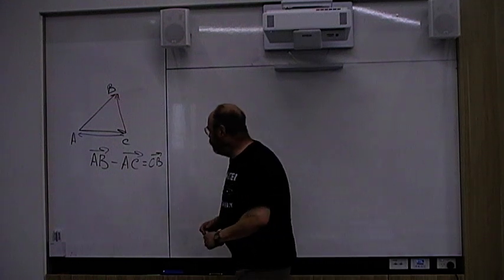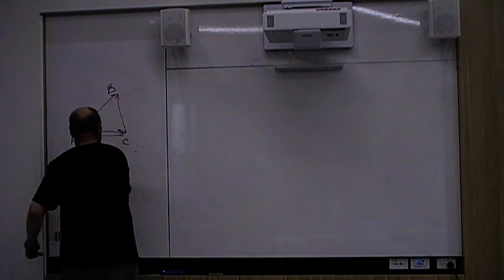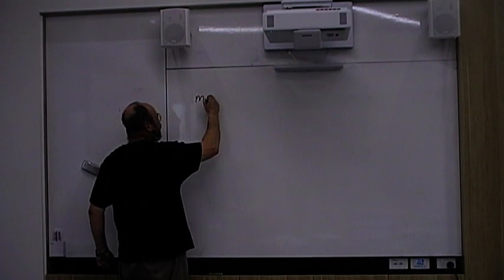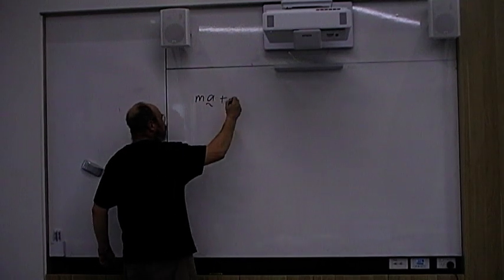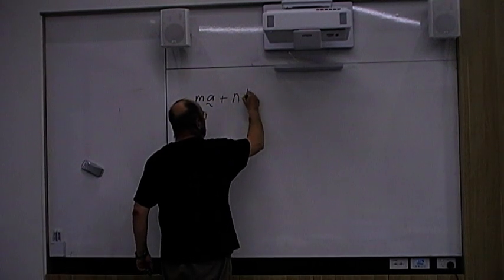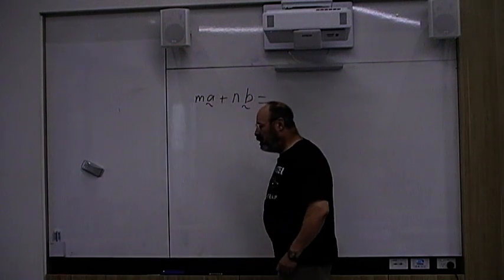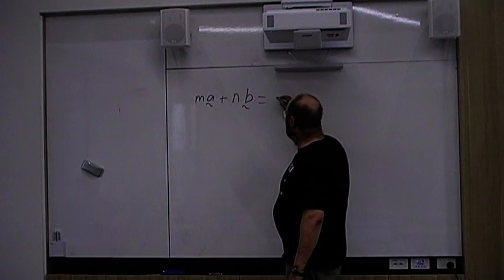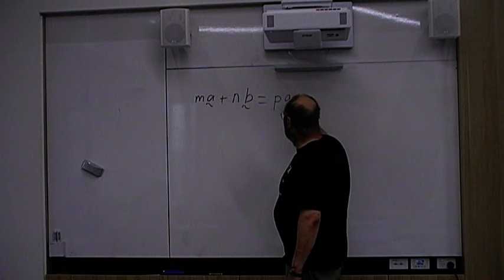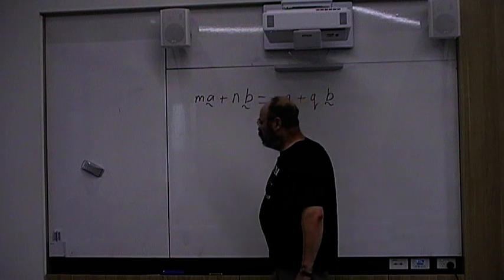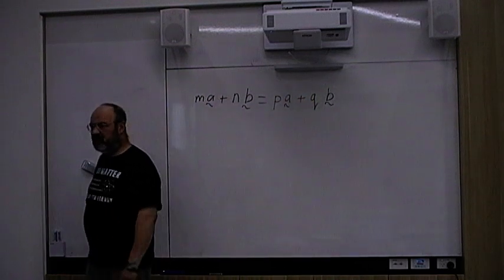If we have vector MA plus vector NB equal to vector PA plus QB, what conclusion can we make from here?